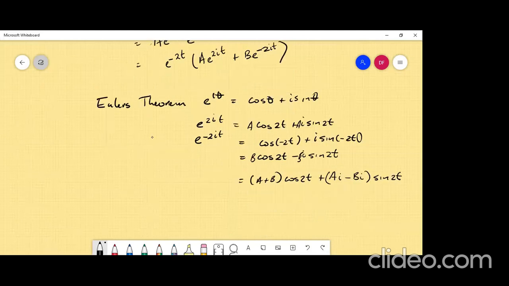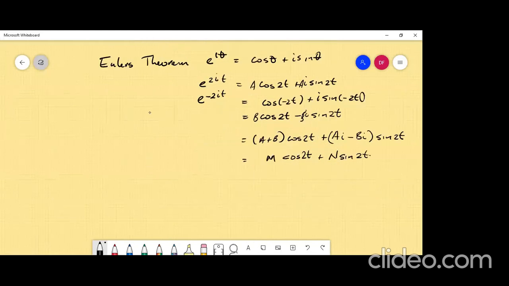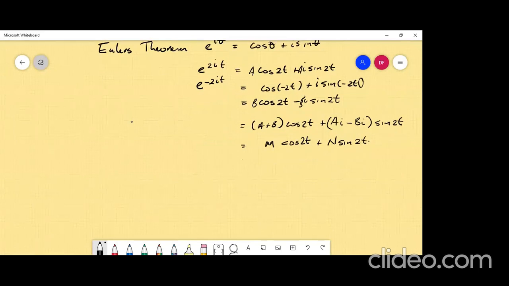So therefore, we're going to write A plus B as m, because we say so, and Ai minus Bi as n, sine 2t. So what we are going to end up with is y equal to e to the minus 2t, m cos 2t plus n sine 2t.